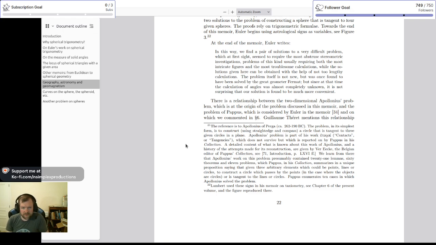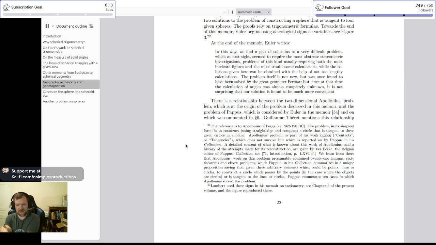We learn from there that Apollonius' work on this problem presumably contained 21 lemmas, 60 theorems, and 11 problems, which Pappus in his collection summarizes in a unique proposition, saying that given 3 arbitrary elements, which could be points, lines, or circles, to construct a circle which passes by the points, in the case where the objects are points, or is tangent to the lines or circles.